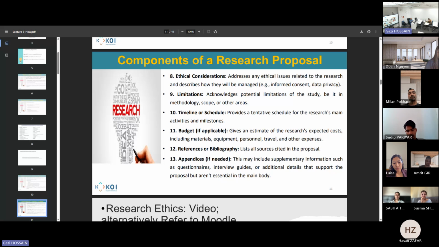For example, when we'll be collecting the data, we are going to collect data from Sudi, from Milan, from Susman, Savita, Luisa, Joanne, Arjun. And I am saying, you must be my participant, otherwise I will reduce your mark.